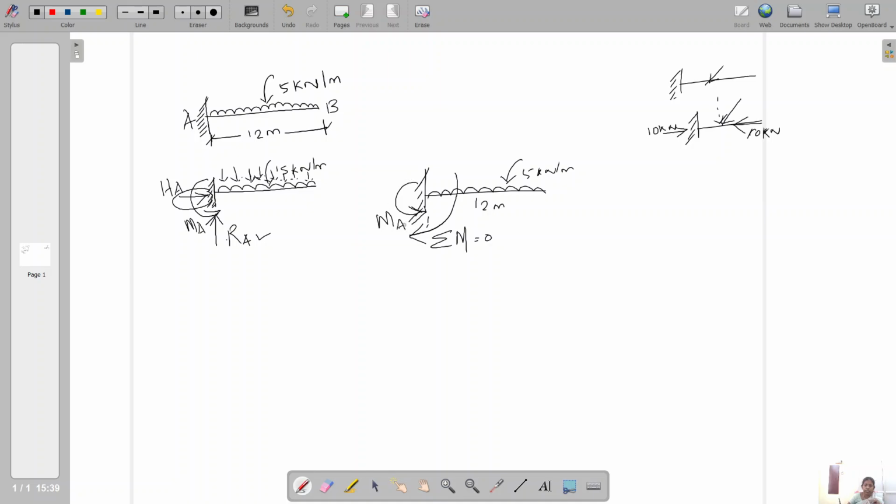So this is the direction of moment I am assuming. This is the direction of force about the support, because all the loads are downward, so it will rotate in this direction about point A.